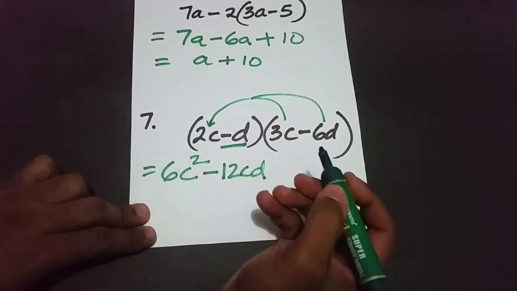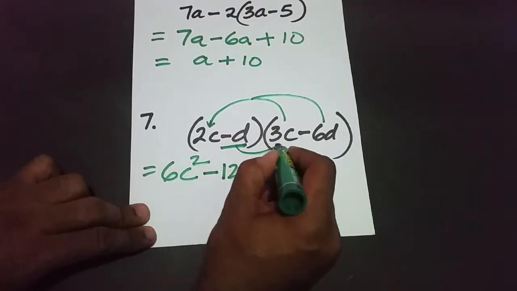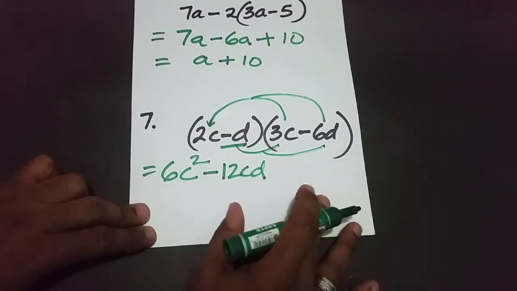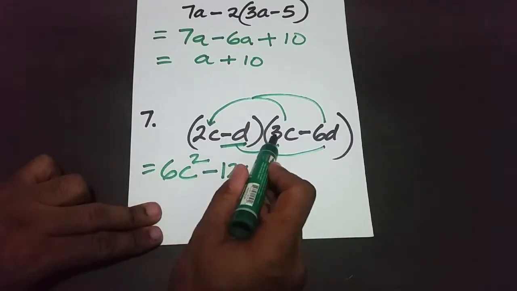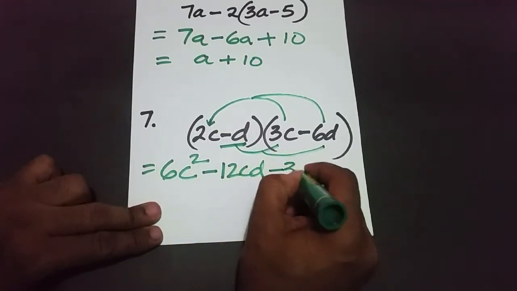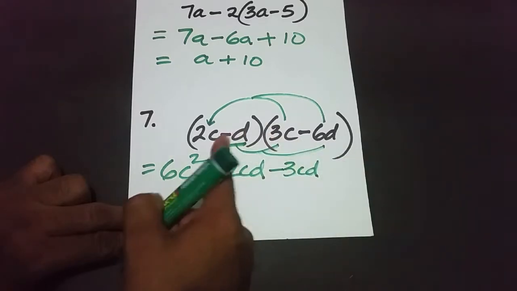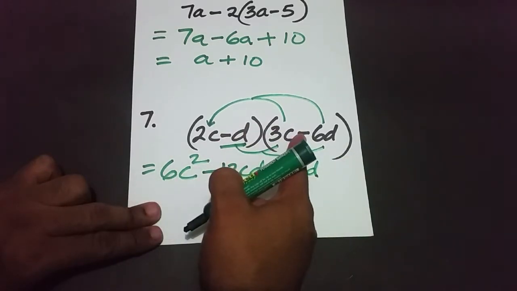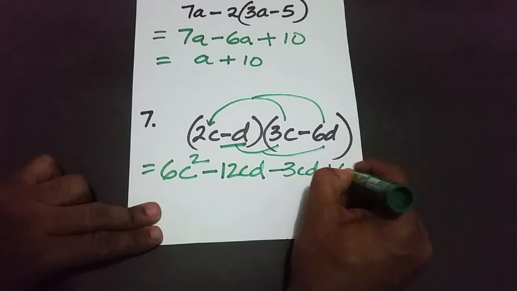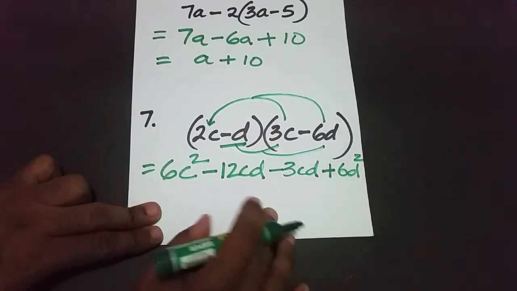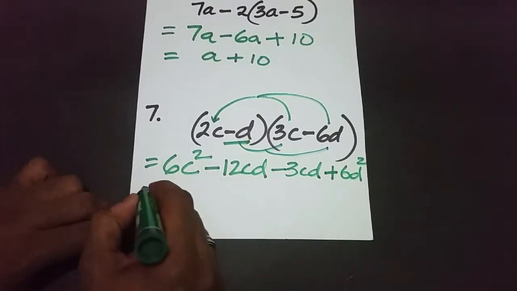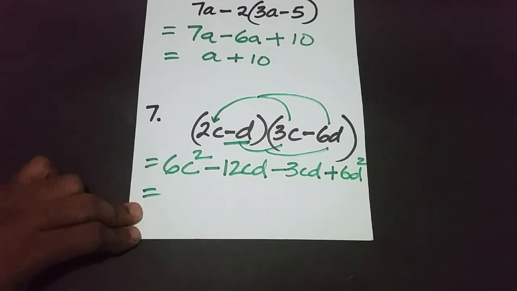Now all of the terms inside the bracket here have been used by the 2c, so that means we move on to the negative d and do the same thing with all of the terms inside the second bracket. So negative d times 3c gives us negative 3cd, and negative d times negative 6d gives us positive 6d squared. So all we need to do is look for terms that might be similar, and group them and simplify.